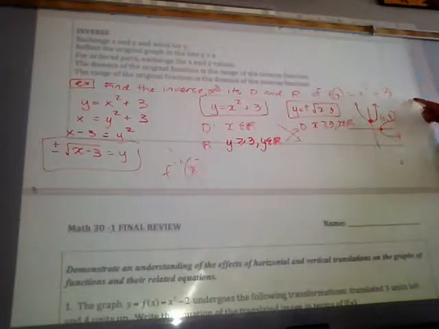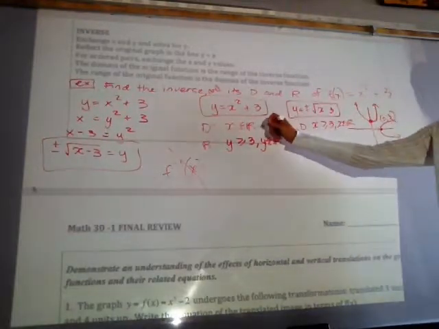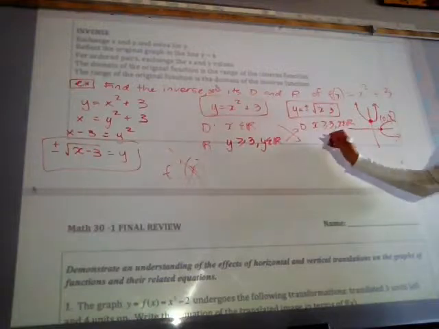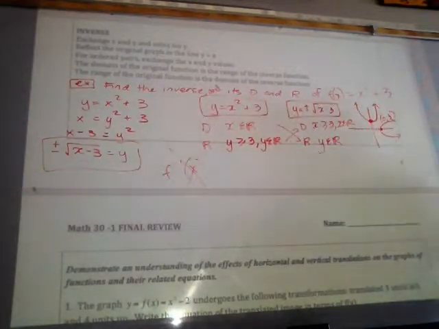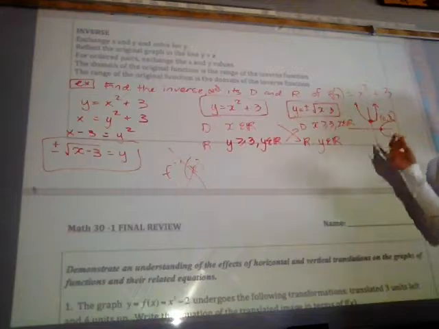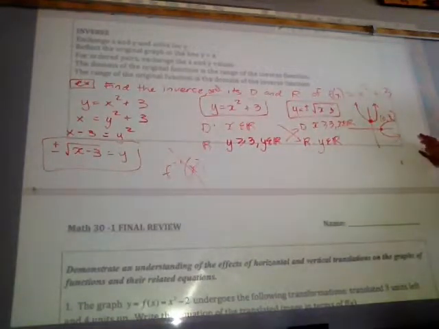Okay, y is going forever up, it's going forever down. So look at the switch, domain becomes our range. Our range now is y is an element of all real numbers. So just keep that in mind. It's sometimes easier to find the domain and range of the original function and then switch it, rather than finding the inverse and then trying to figure it out.